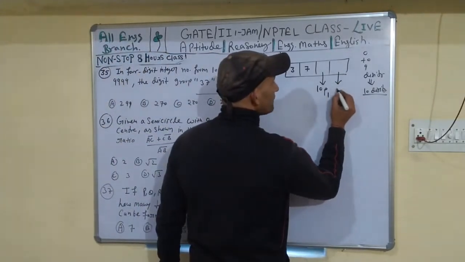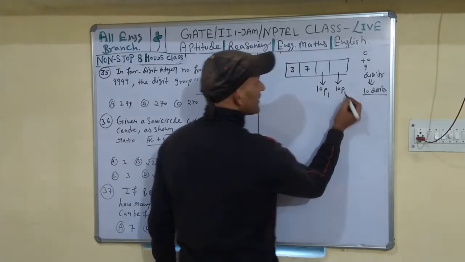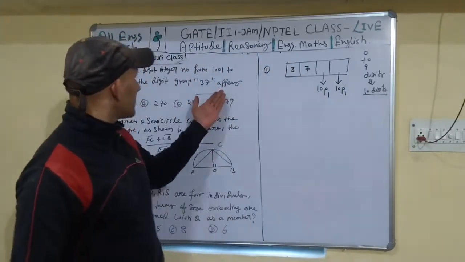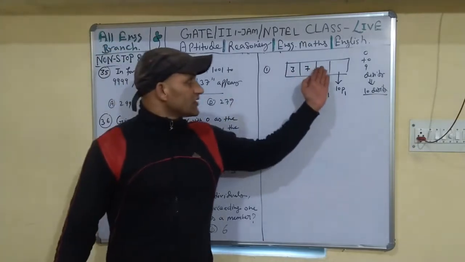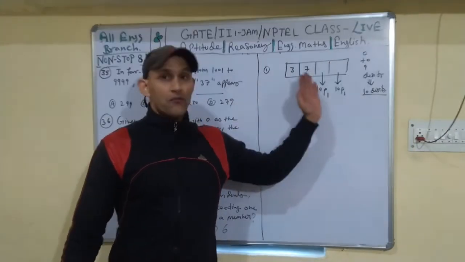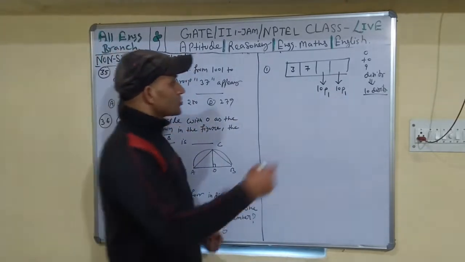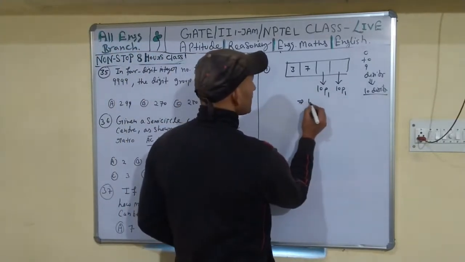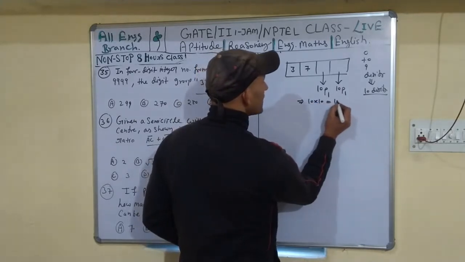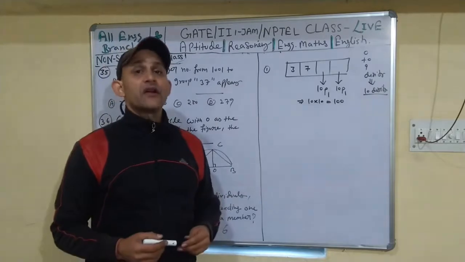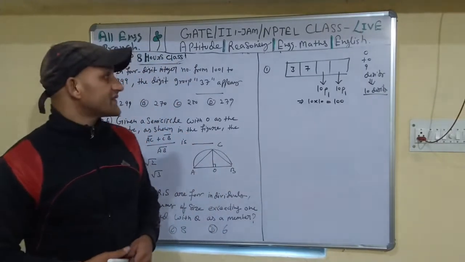There are also 10 options here, since numbers can be repeated; they have not mentioned anything otherwise. Maybe it is 11, 00, 22, 55, 77. So 10P1 times 10P1, total cases are 10 into 10 equal to 100. So for this case you have a total of 100 cases.